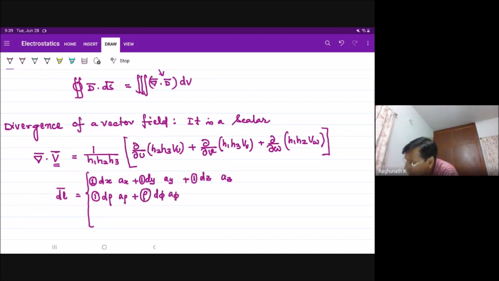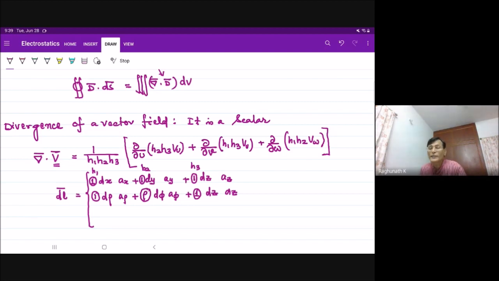This is the coefficient coming out. It's not 1. In order h1, h2, h3 plus 1 times dz az. I will say h1 is this, h2 is the second coefficient, h3 in different coordinate systems.